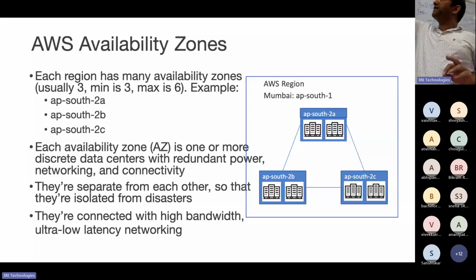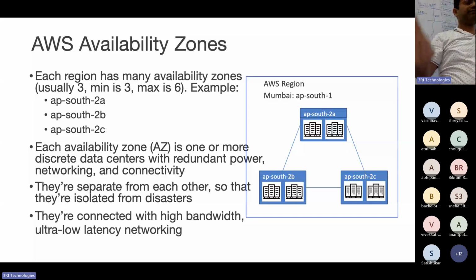Now you will see that each availability zone is labeled A, B, C, D, E, F, and so on. They don't have any specific name. As I said, they are separate from each other so that even if something bad happens, they are isolated.